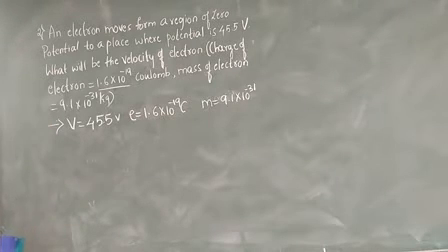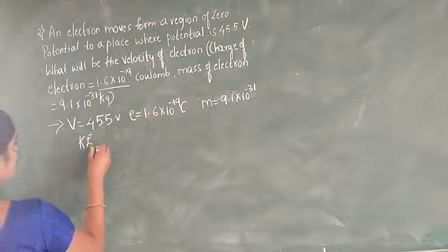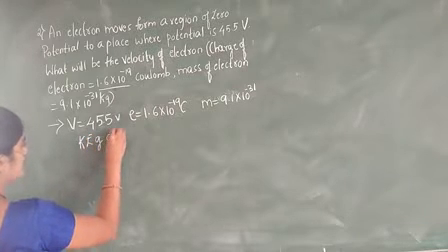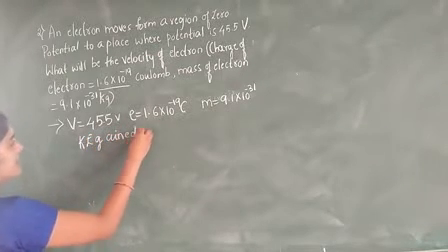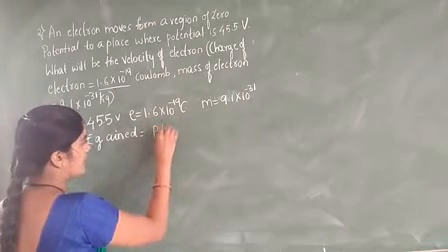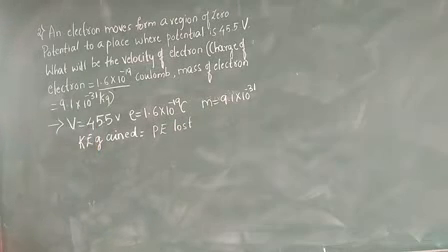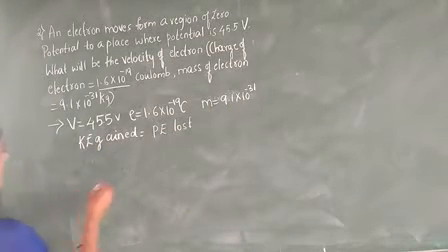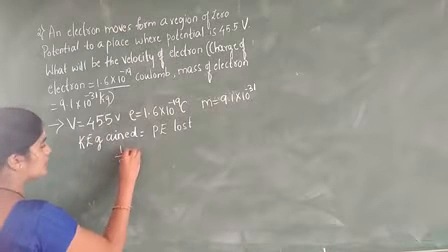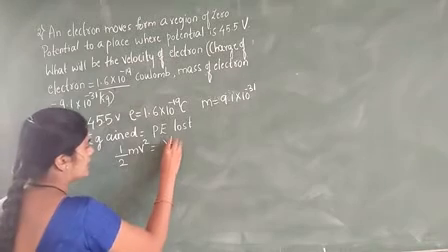Now, according to the question, we can tell that the kinetic energy gain is always equal to the potential energy loss. Now, the formula for the kinetic energy: 1 by 2 m v square is equal to V into e.